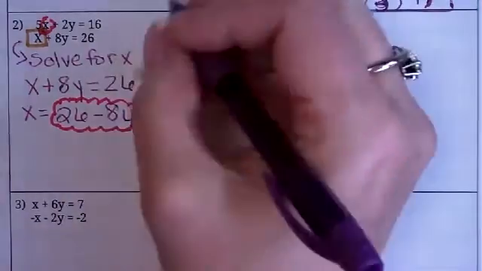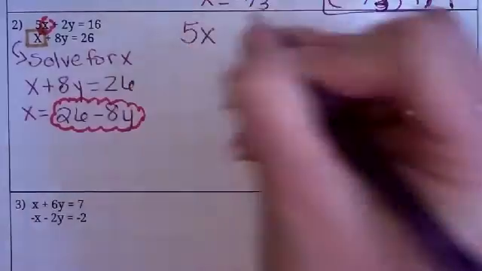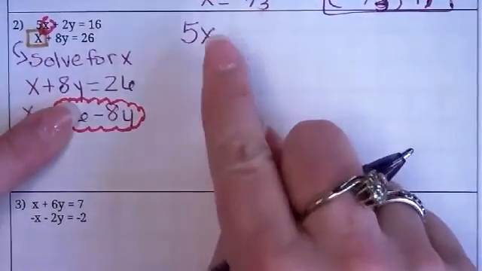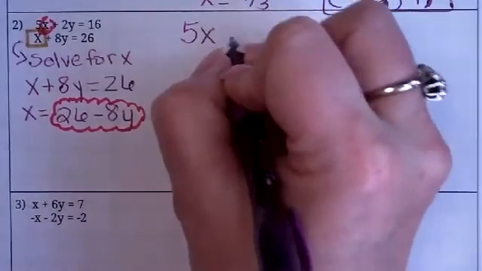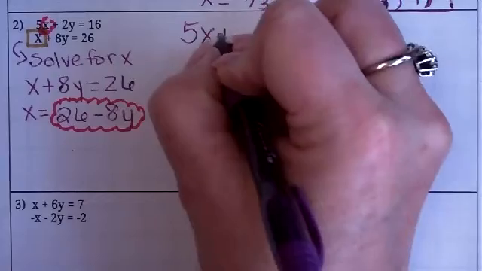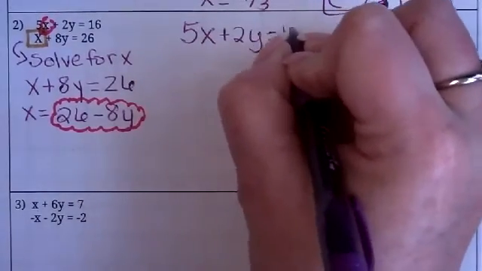So over here, I'm going to grab this first equation because I haven't done anything with it. You can't use the same equation for both of these parts. You have to use the other one. Okay, I've said that 3 times. That's important. Okay, and I'm going to have plus 2y equal to 16.